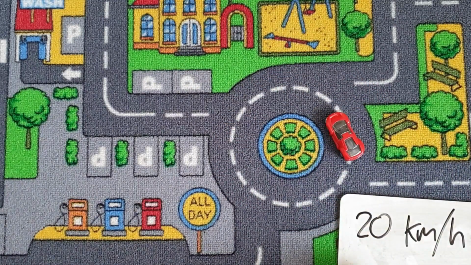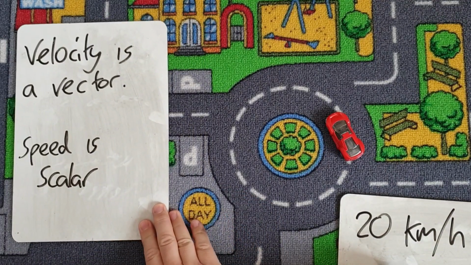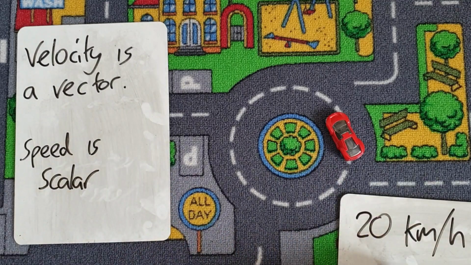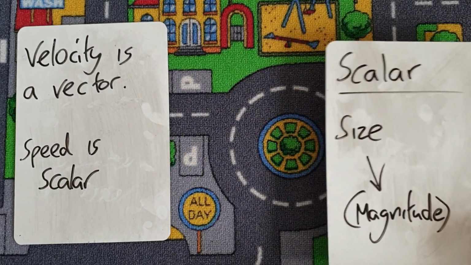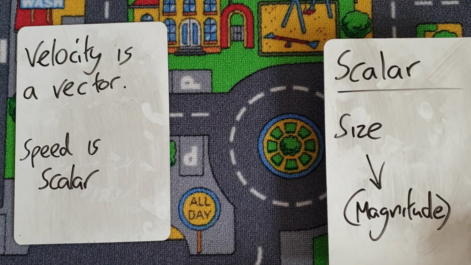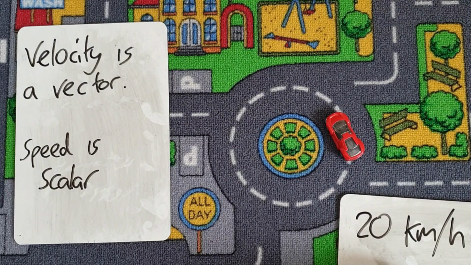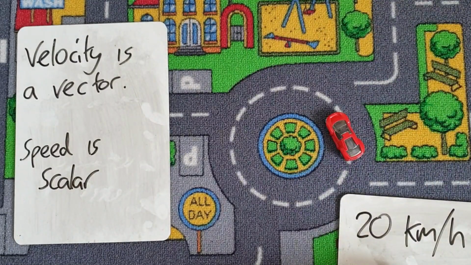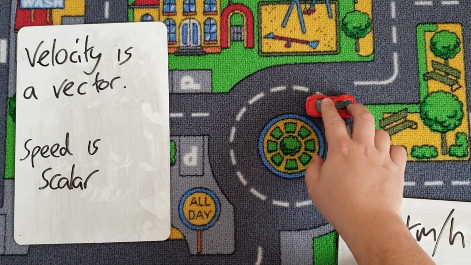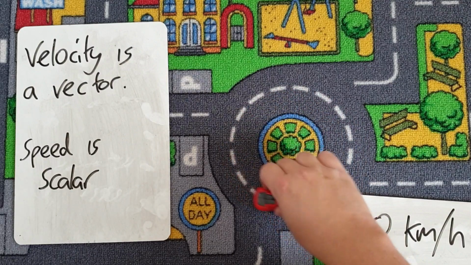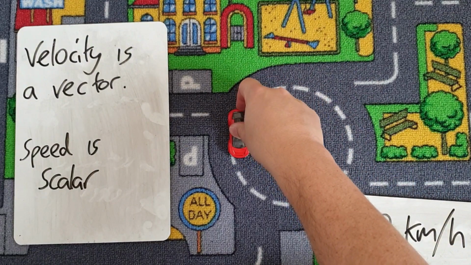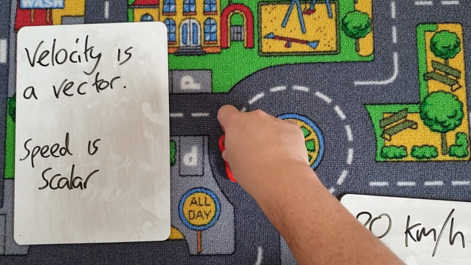And to explain why, you need to know that velocity is a vector, speed is scalar. What did that mean? Scalar: it's got a size, no direction, just a size. Vector: it's got a size and a direction. So because speed is scalar, speed doesn't care about which direction it's travelling. When it's going downwards here, down towards the bottom of your screen, the speed is 20 kilometres an hour.